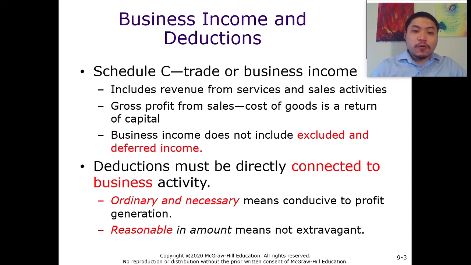So for flow-through entities, which is going to be the focus of our chapters, the taxpayers need to file the business income and the business expenses in Schedule C, which is just an attachment to the individual tax return form, right?